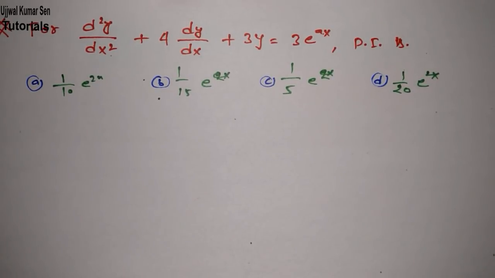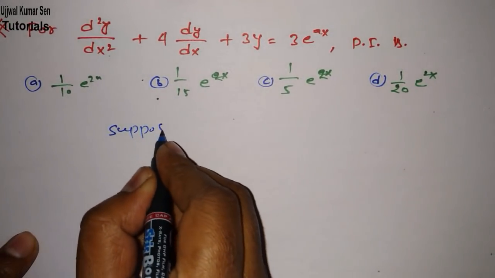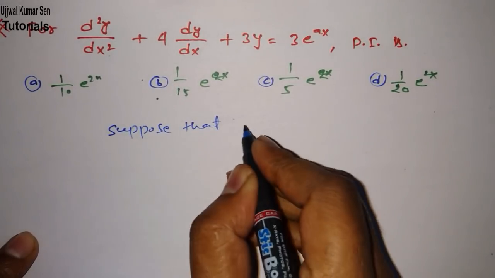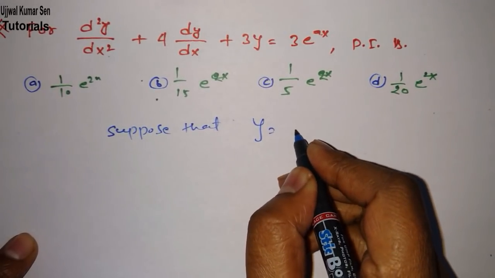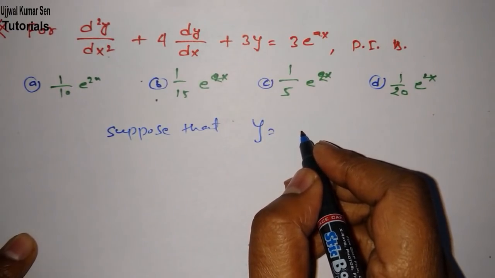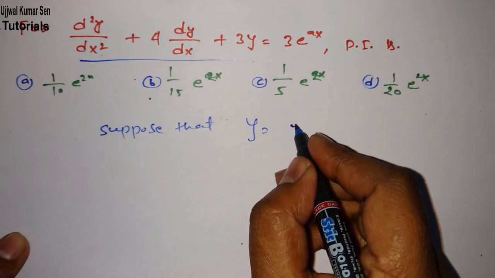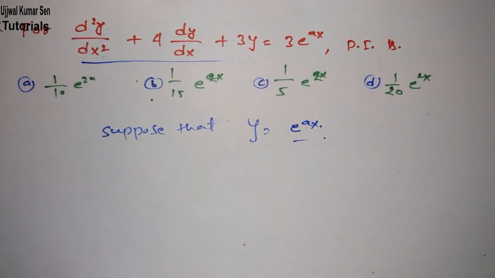And the concept for solving this question I'm just going to share with you. Suppose we have given y is equal to, I mean suppose this term is y, right? y is equal to e to the power ax.